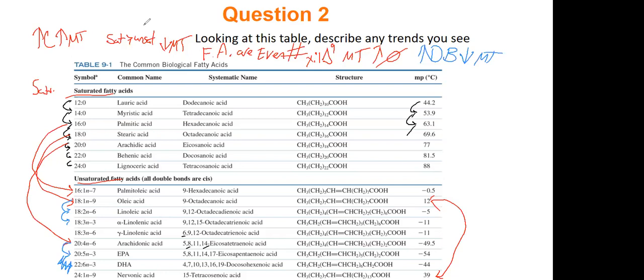The more carbons you have, the higher your melting point. When you become unsaturated, your melting point goes down. The more double bonds you have, the melting point goes down even further. Fatty acids with 1 delta 9 have melting points above 0.